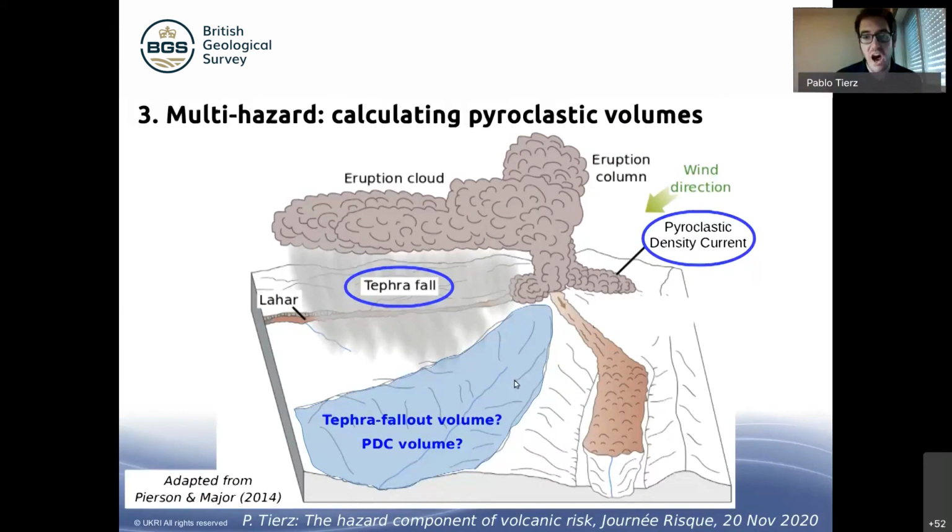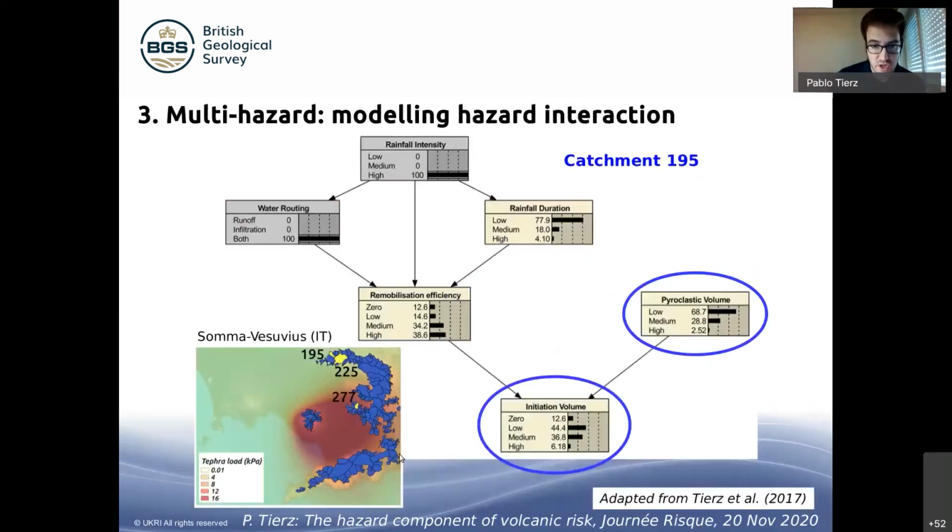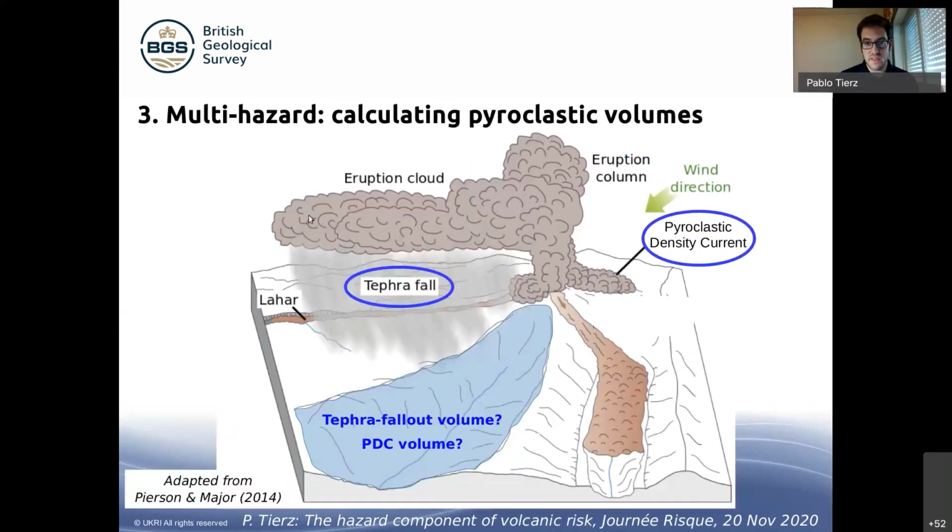And given that lahars are dependent on how much volume there is and where it is located, as we saw here, that's how we quantify our interaction between hazards, because there's a clear spatial dependency on the lahar occurrence, depending on where tephra fallout and PDCs have left their deposits. You know what I mean?